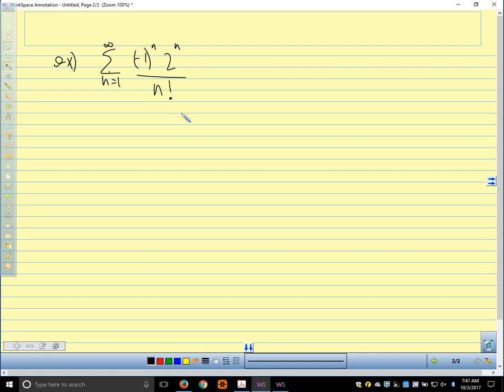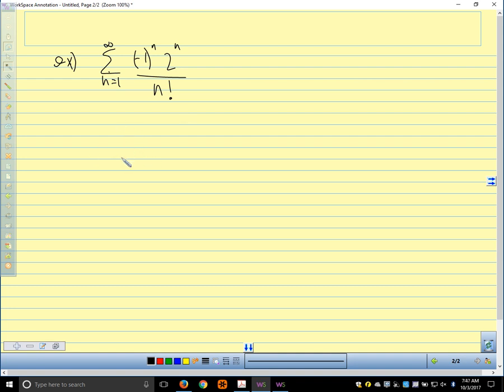When we have factorials involved, the ratio test tends to be a good test to use, because we don't have a way to integrate with factorials. Direct comparison can work with factorials, but when you make ratios of factorials, nice things happen. So we're testing this for the convergence.